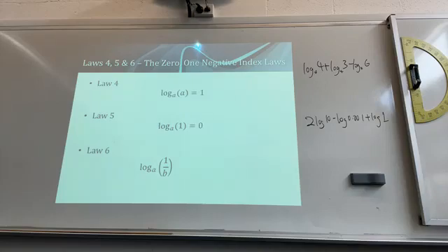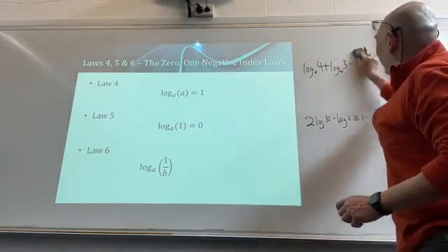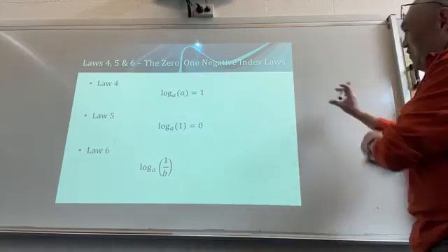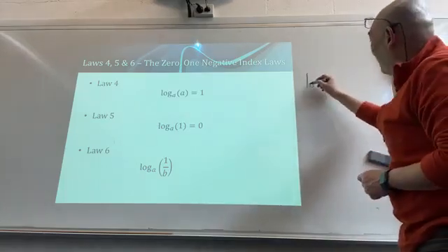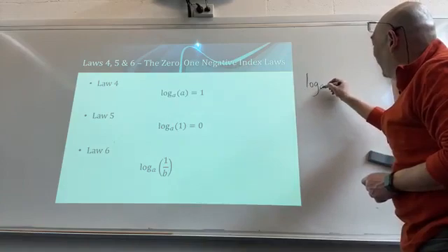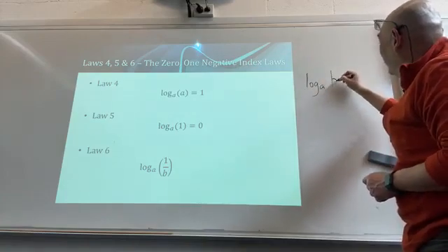Why is it B? Negative something. You don't know B though. How about I write it this way? Let me clear this. So, log, it could be anything, but B to the power of minus 1.